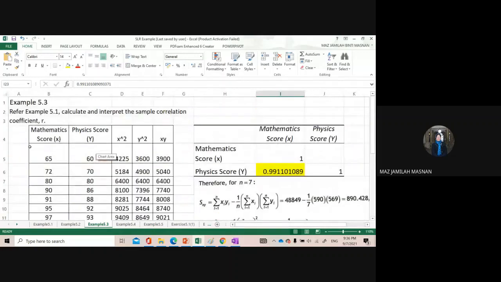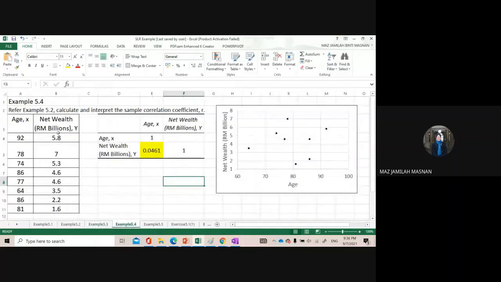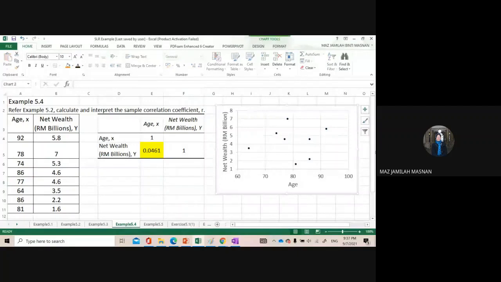What about the second example? If you look at example 5.4, that would be on page 170. So please look at your data on page 170. For example 5.2 just now, we know that our scatter plot looks like this. We don't know exactly the direction of our relationship, whether it is positive or negative.